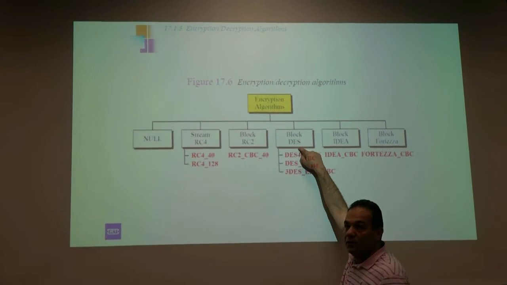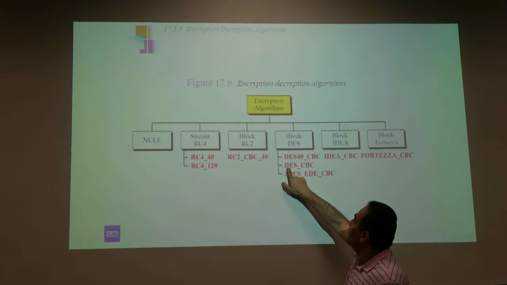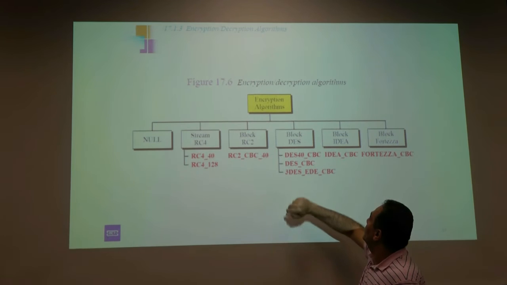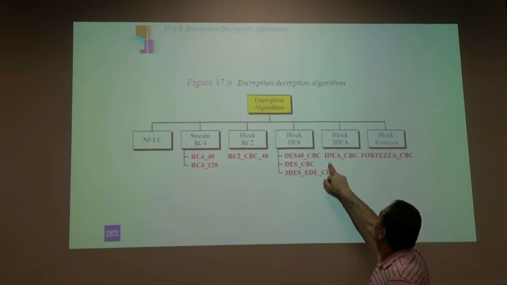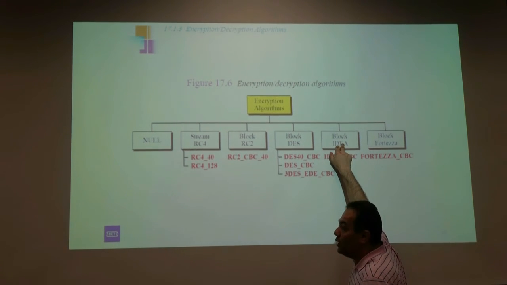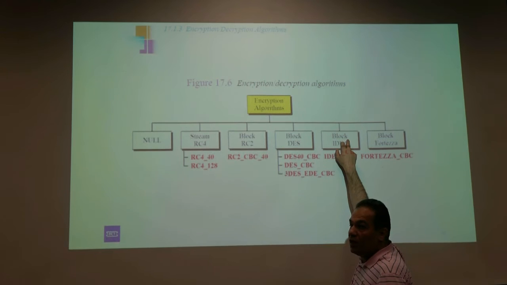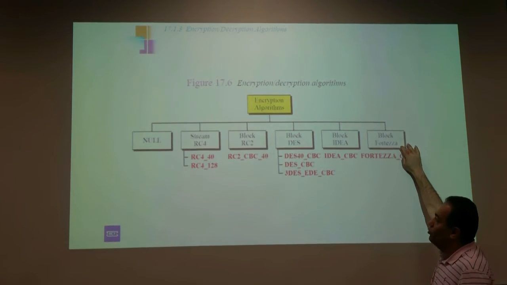Block DES, we learned about block DES in chapter 4. You could use the 40-bit key, DES CBC and DES EDE CBC. And you have block IDEA. We did not talk about IDEA in this class, but it's one of the private key cryptography algorithms. And you could use block Fortezza, which we did not explore.